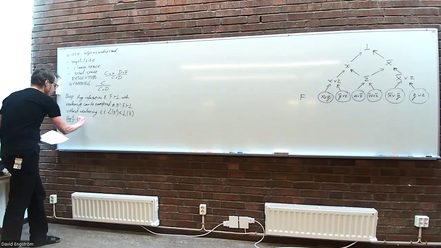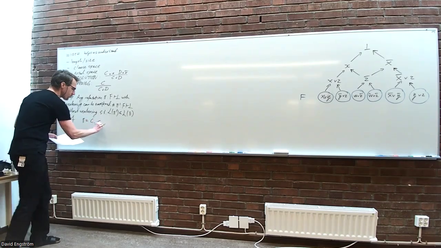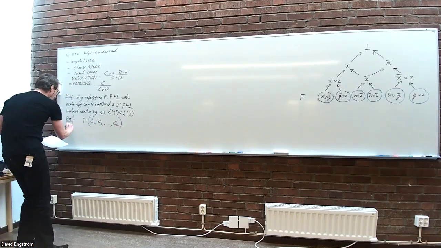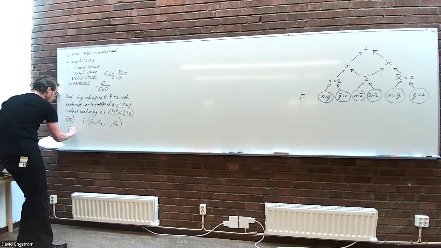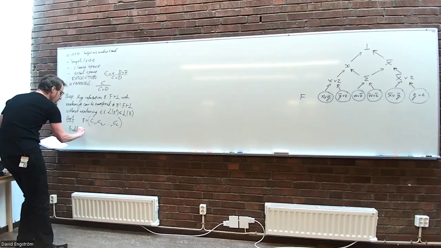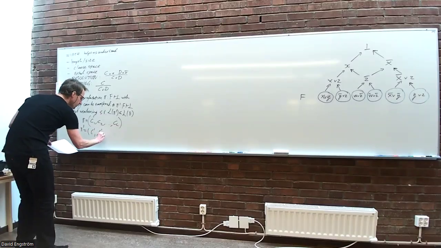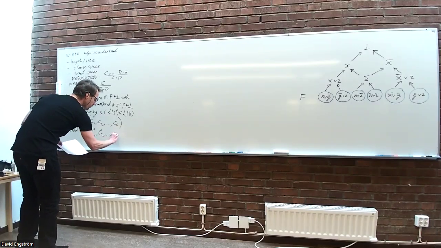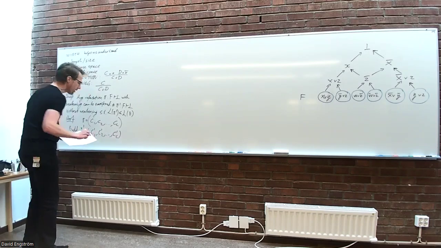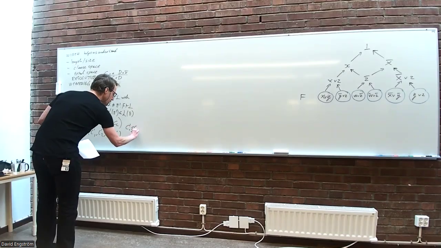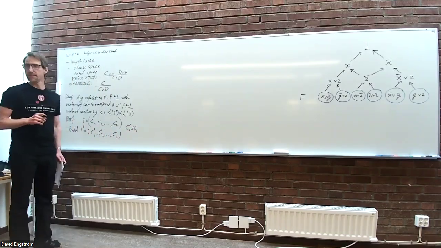So the proof is as follows. We have this pi. This is a sequence of clauses, C1, C2, up to CL. From this, I will build pi prime, which is C1 prime, C2 prime, up to CL prime. I will maintain the invariant that for every i, Ci prime is just a subset of Ci.